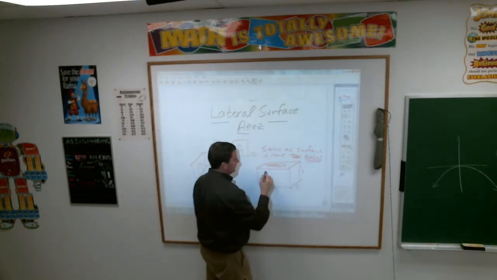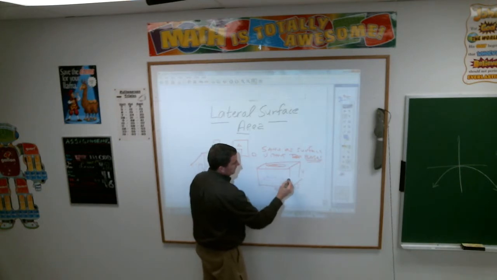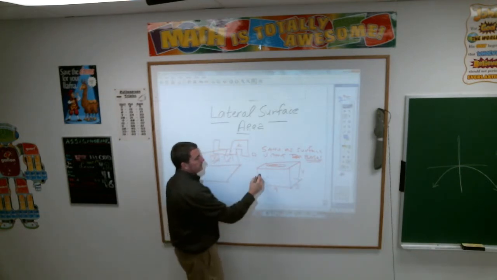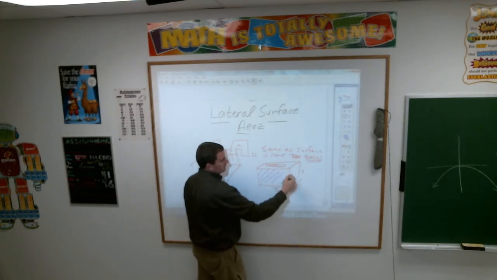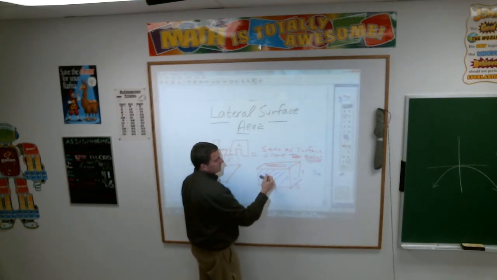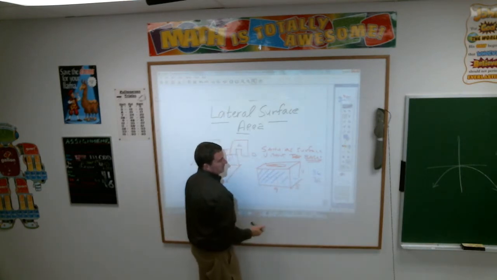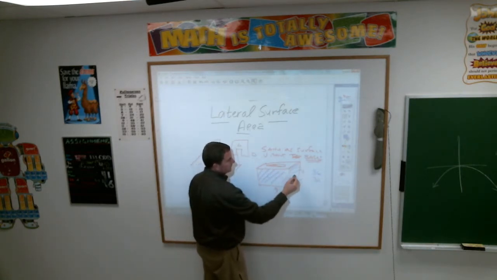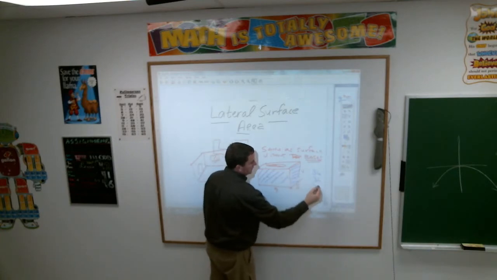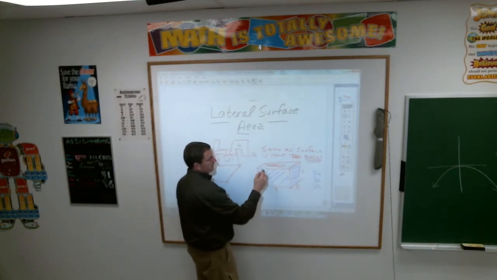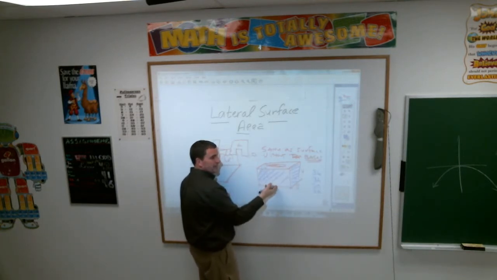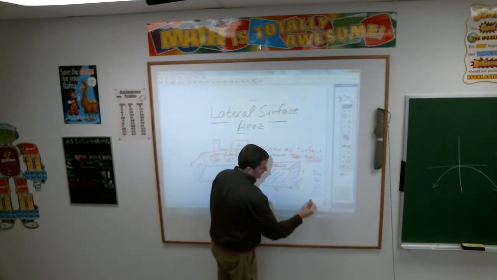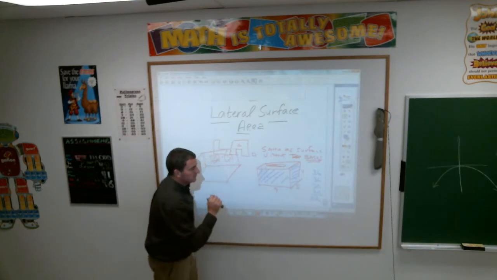If you're asked to find the lateral surface area of that tissue box, you would find the area of the front, this piece here, which is 9 times 4, and the back, which is also 36. And then you'd find the area of the right side, which is 20, and the left side back here, which is 20, and that would be it. No top, no bottom, just the area of the stuff that surrounds it. And it's 56 and 56, like 112.